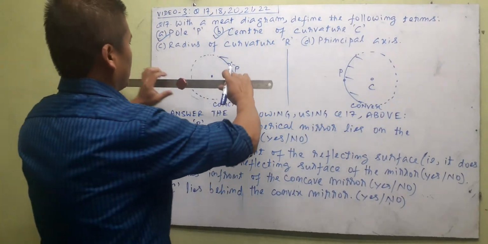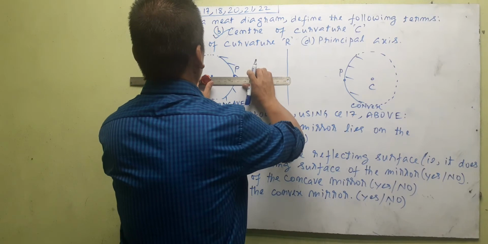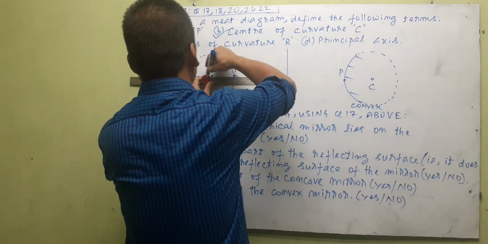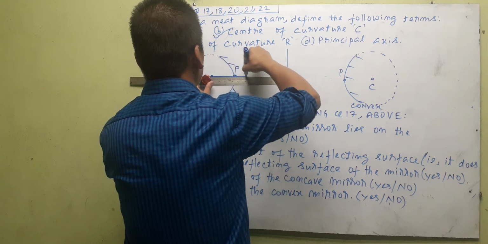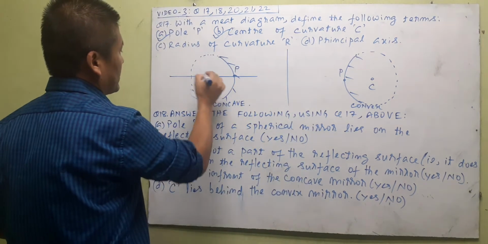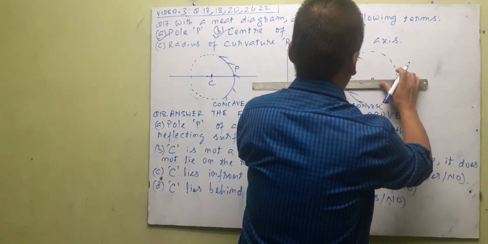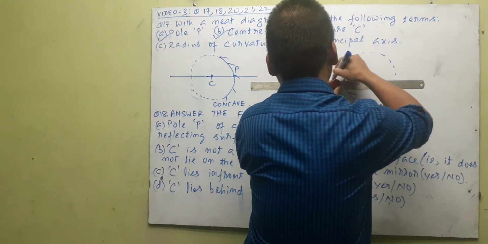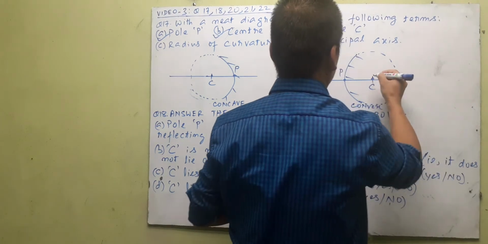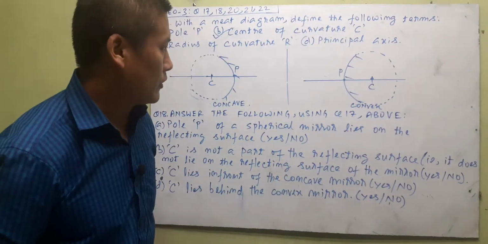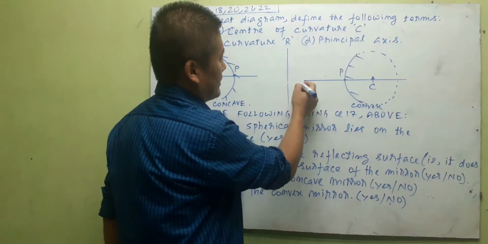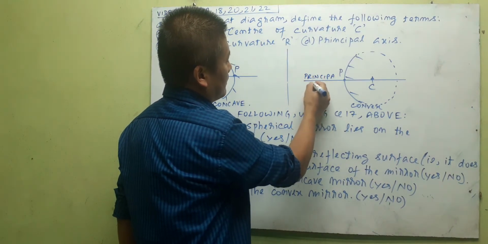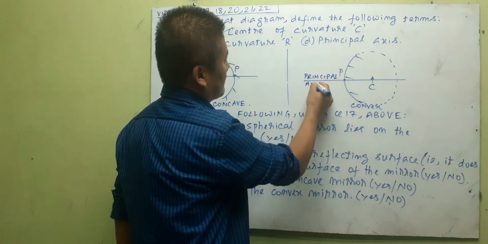Now you take a scale and pencil and draw a line passing through the two points, C and P. The straight line passing through C and P, in both you can draw. And then once you draw, you look here. The straight line passing through C and P, this line is called the principal axis.